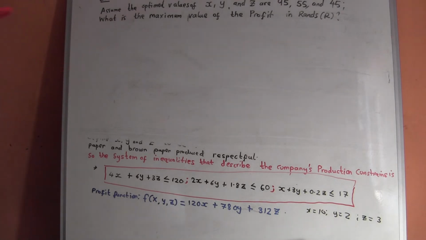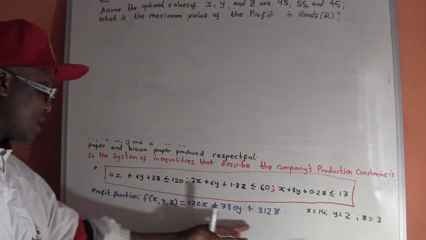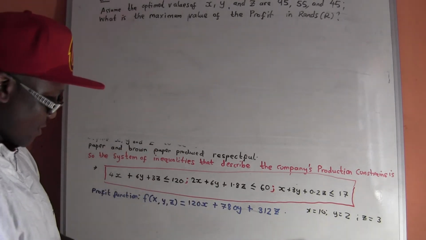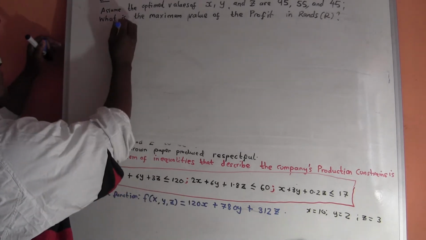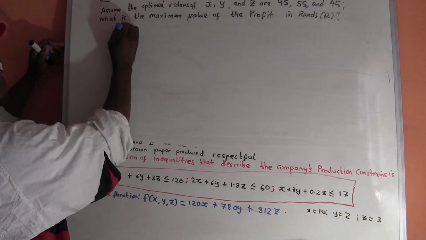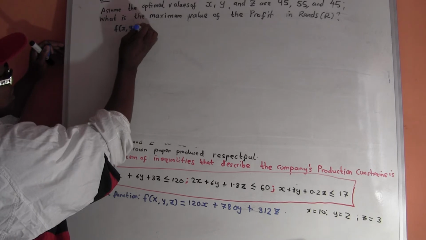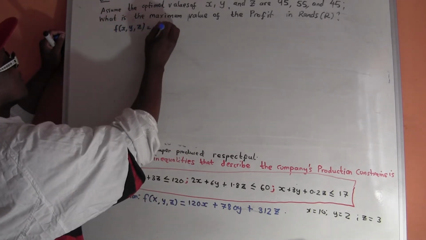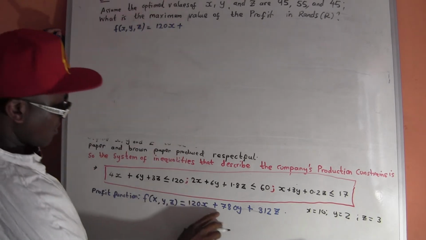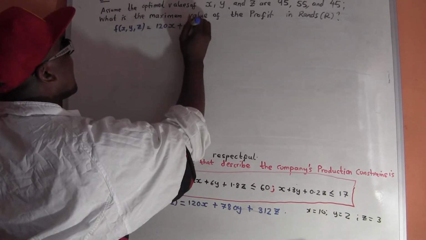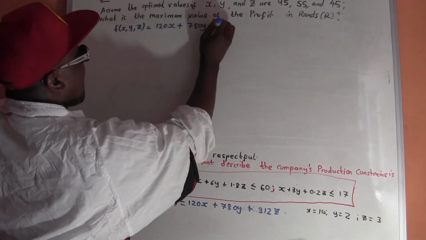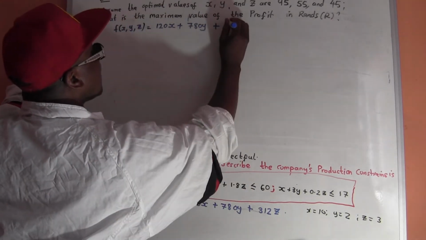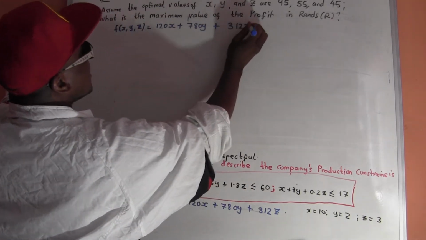So now what we're gonna do, we're gonna take our profit function here. The profit function, we had it already, f of x, y, and z, which equals 120x plus 78y plus 312z.